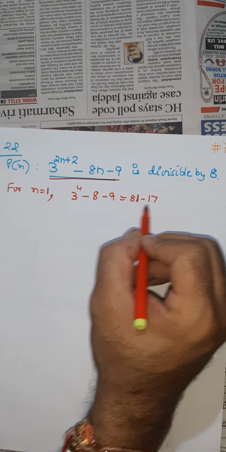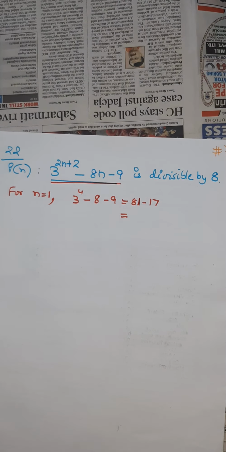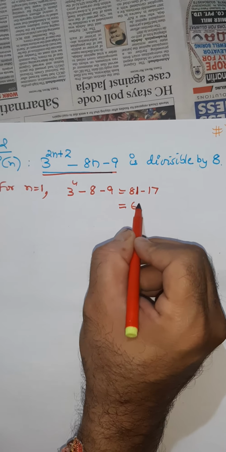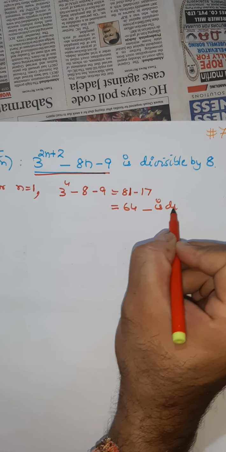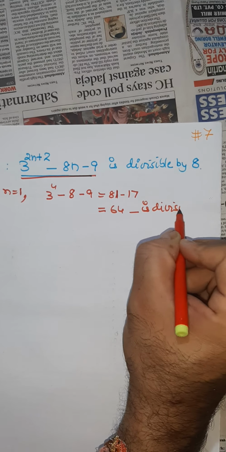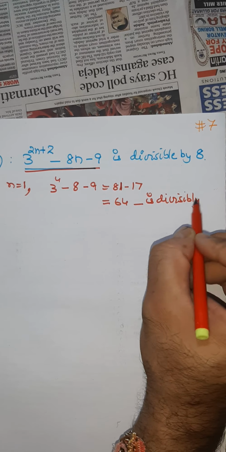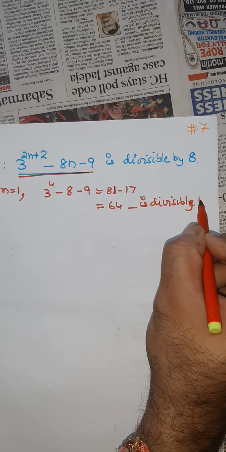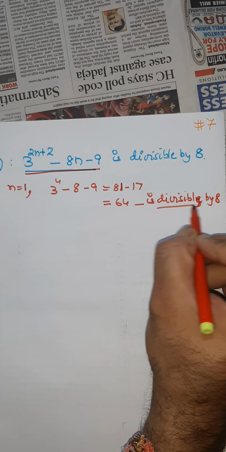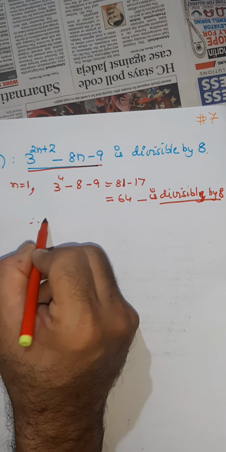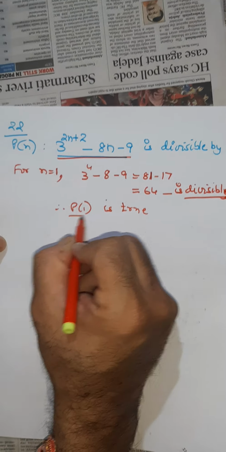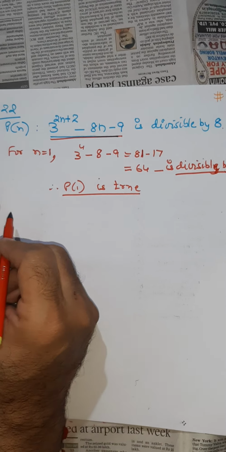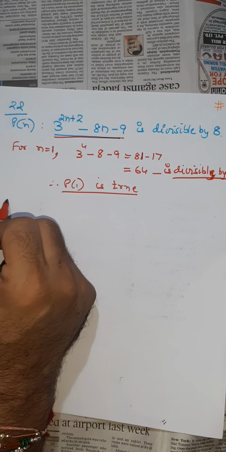So it would be 64, which is divisible by 8. Okay, so therefore p of 1 is true here. Fine, we go now to the assumption part.